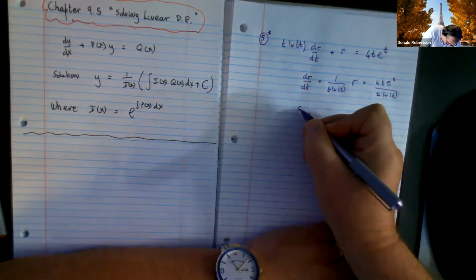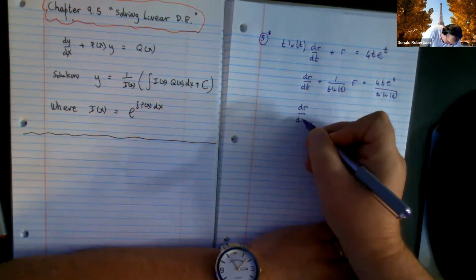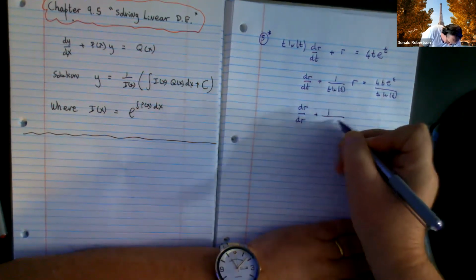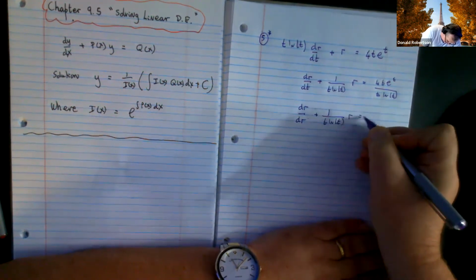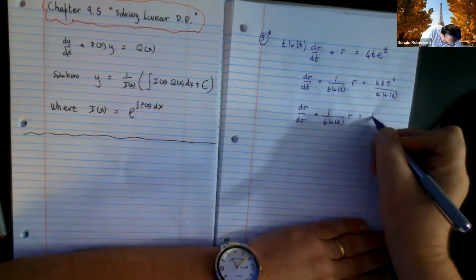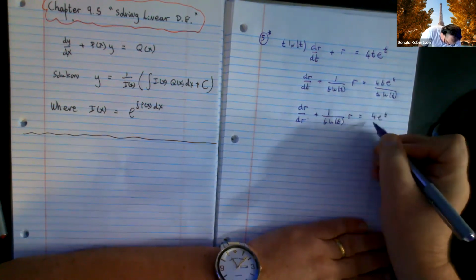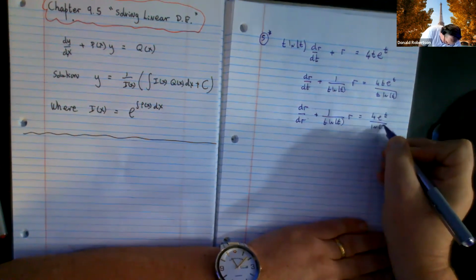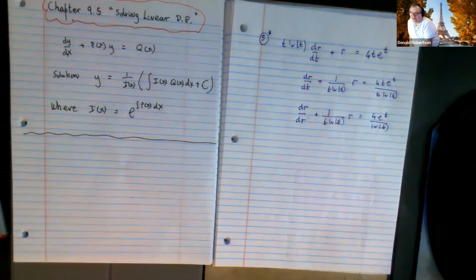And one more line before I call this guy good. A little cancel with the t's here. So we're good with that. It's now in its standard form, the way it needs to be written to be able to use this formula.